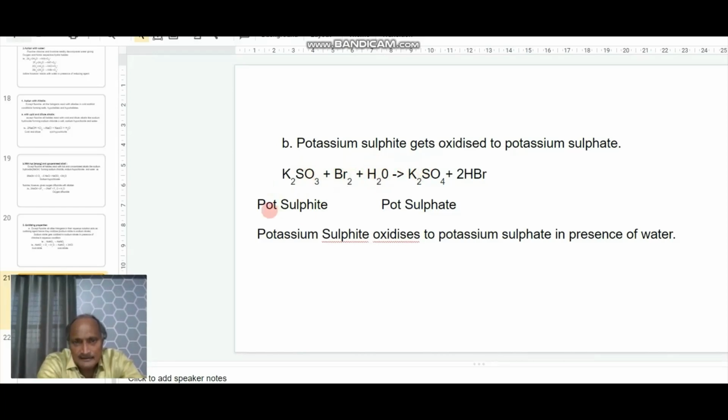Potassium sulfite is oxidized to potassium sulfate with the formation of 2 moles of hydrogen bromide.